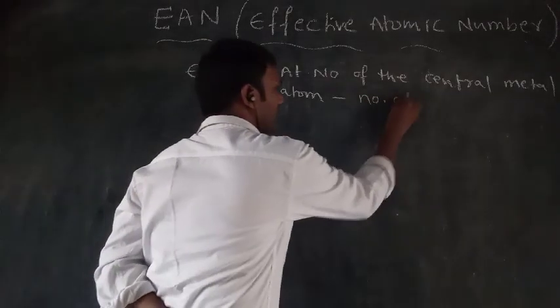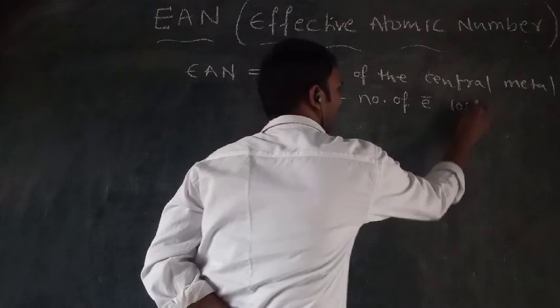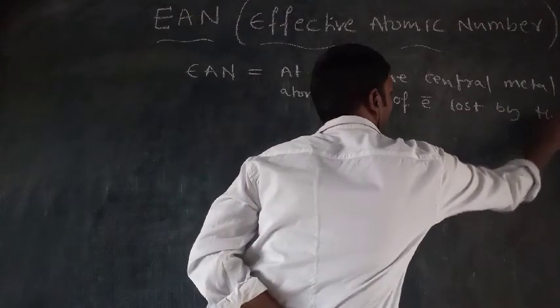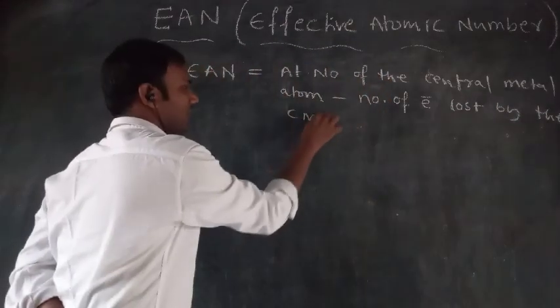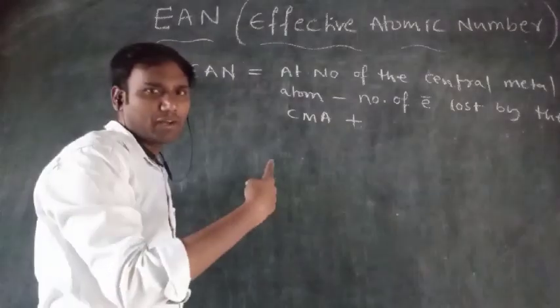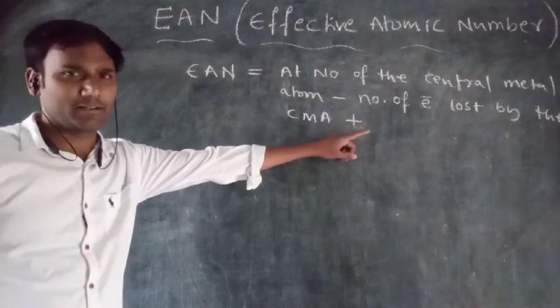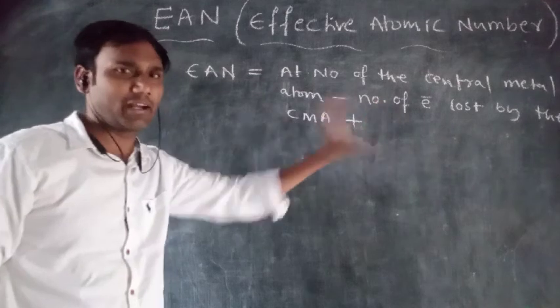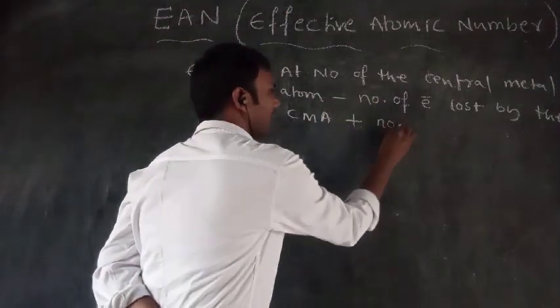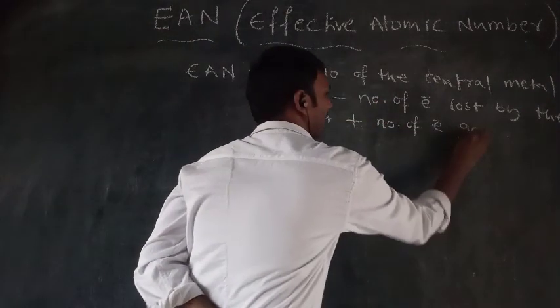So EAN is equal to the atomic number of the central metal atom, minus the number of electrons lost by the central metal atom (CMA), plus the number of electrons gained from the ligand.